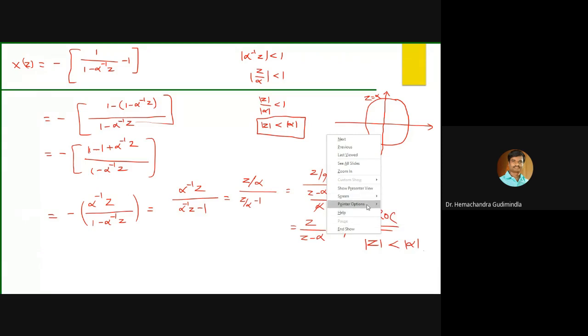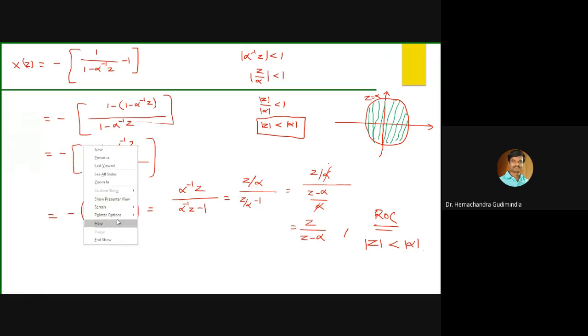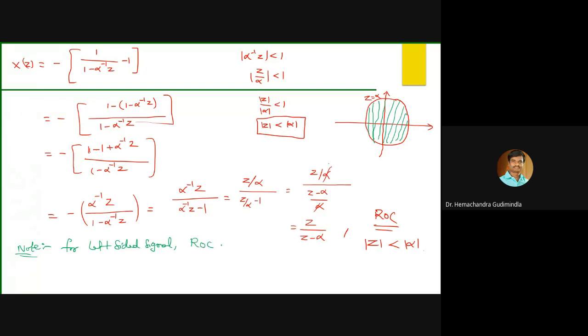You remember this one. So if the signal is right sided, the ROC is outside of the circle. If the signal is left sided, you can see that Z should be less than alpha. Less than means it should be smaller than alpha. So now you can write one note here. For left sided signal, what is the ROC?